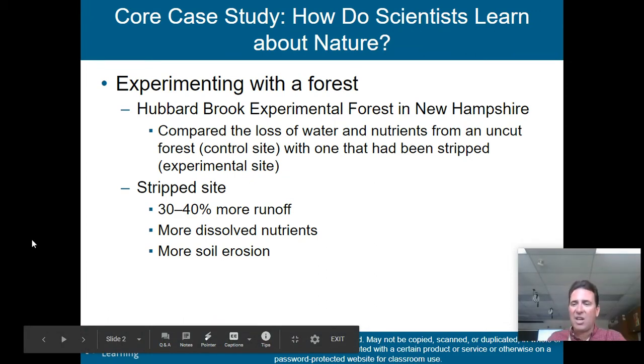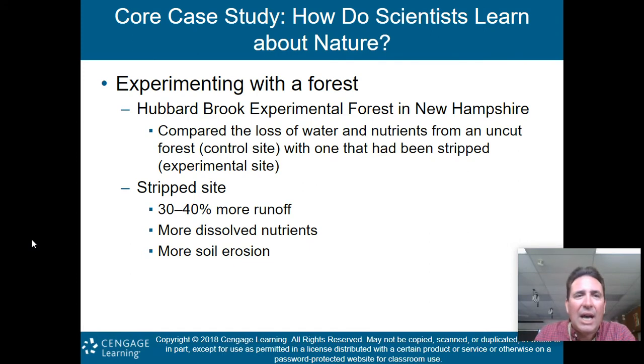There's a case study that starts off this chapter, and it talks about how scientists learn about nature. It's basically experimenting with a forest. It's the Hubbard Brook Experimental Forest in New Hampshire. What they did was they wanted to see how soil and water nutrients changed when you cause deforestation of a forest.